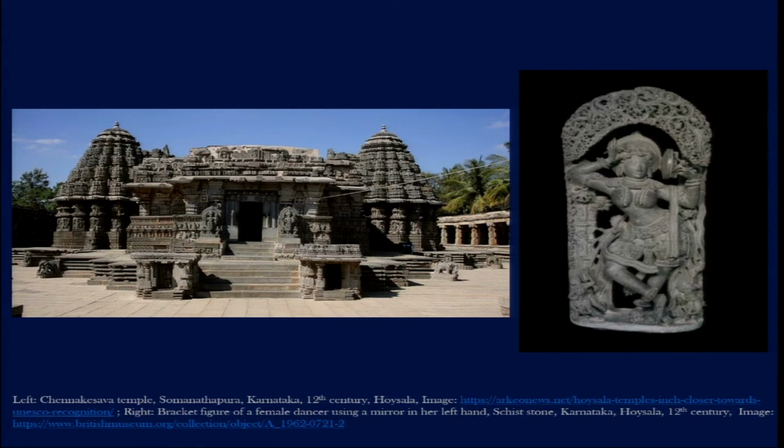But then if we also see the shikhara, or the superstructure on the top of the temple, they do not really fall into the very characteristic Dravida style, with its terraces and pyramidal superstructure and a stupika on the top of it.